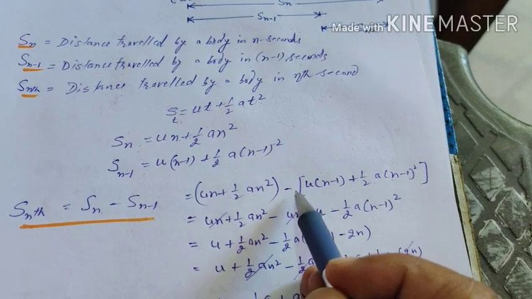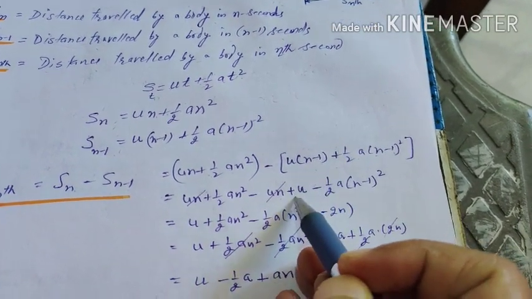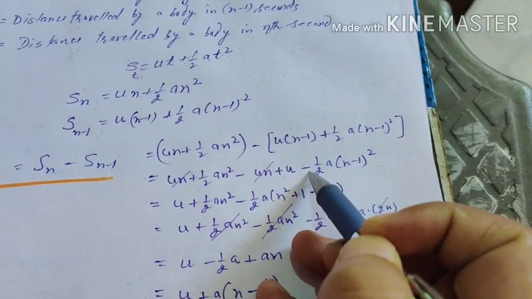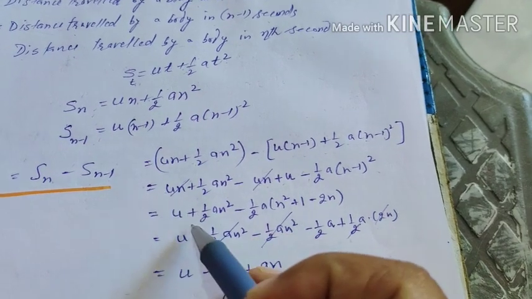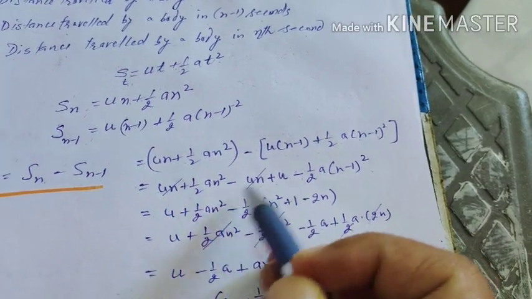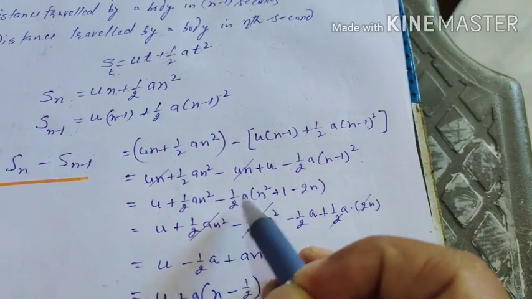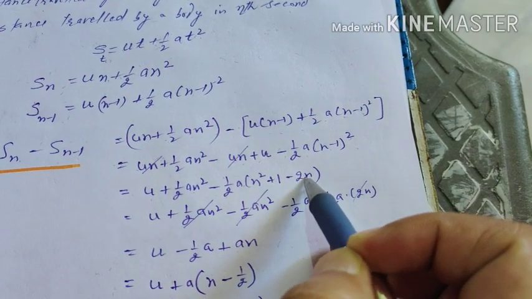Now just open the bracket: minus un, minus minus becomes plus u, plus half a n square, and minus plus becomes minus. So minus un cancels with un, then the rest of the things are u and half a n square, minus half a times n minus 1 square, where n minus 1 square is n square plus 1 minus 2n.